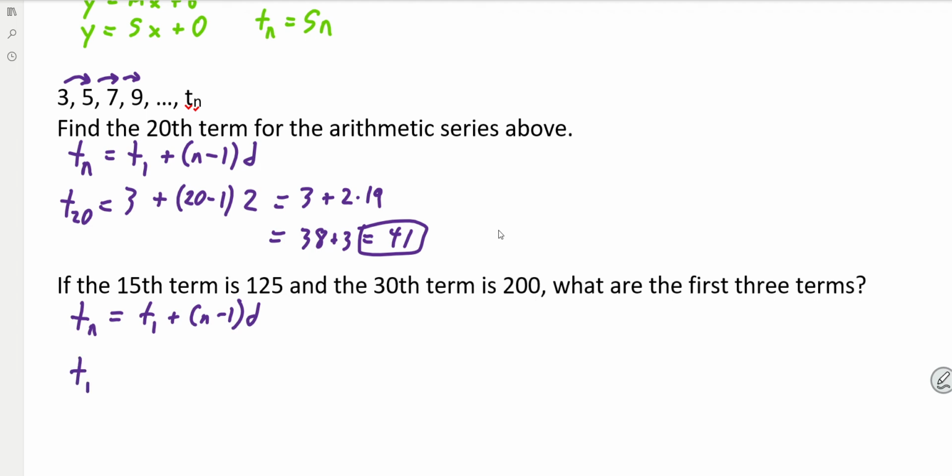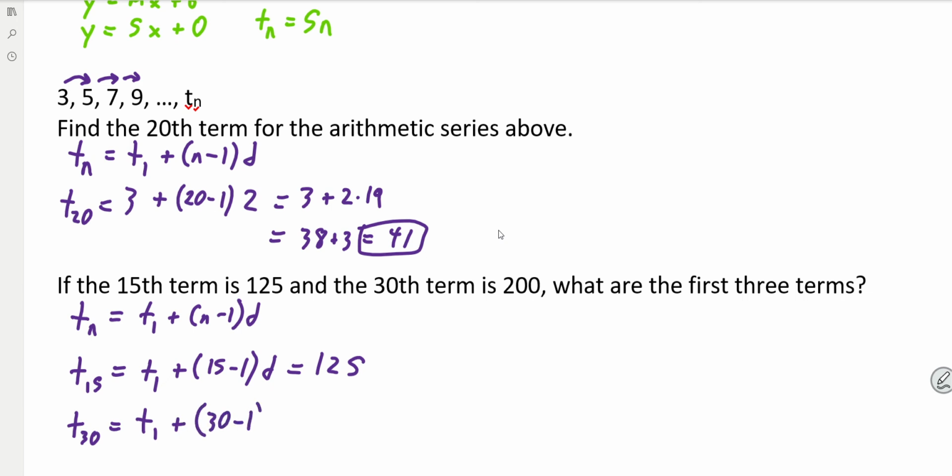The 15th term is T1, which we still don't know, plus 15 minus 1 times D, and we do know the 15th term is 125. Let's try the next one. The 30th term is T1 plus 30 minus 1 times D, equals 200.